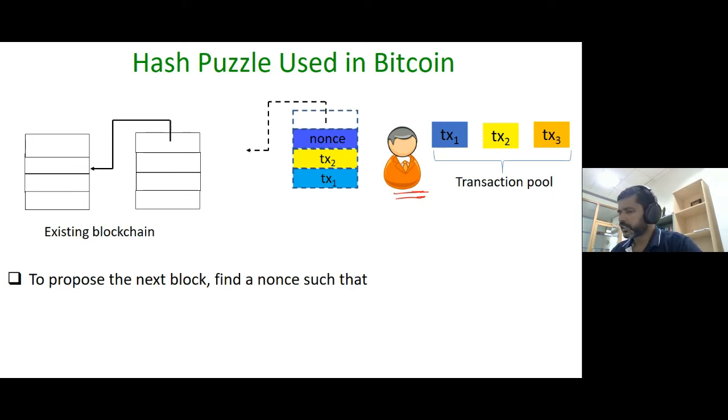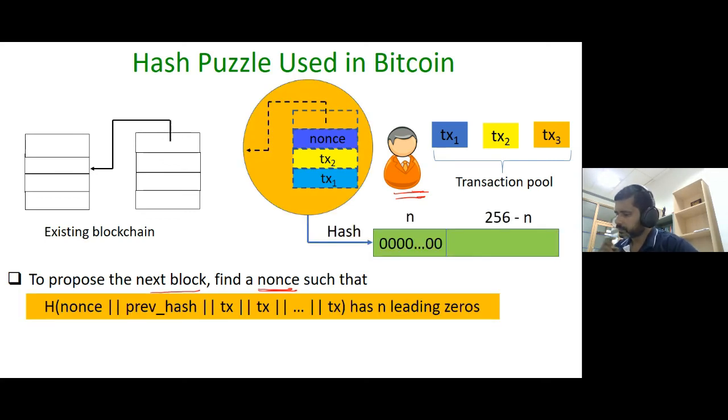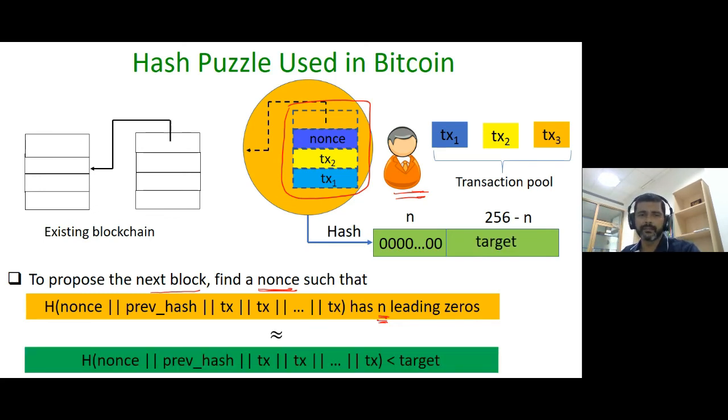Now, to get elected to propose the next block, what I have to do is find a nonce, which is a binary string, such that if I hash my candidate block, and my candidate block will have the set of transactions which I am approving, a nonce, and a hash pointer of the previous block which I am trying to extend, all of them hashed together should give me an output which has n leading zeros, where n is some parameter. And that determines your target set Y.